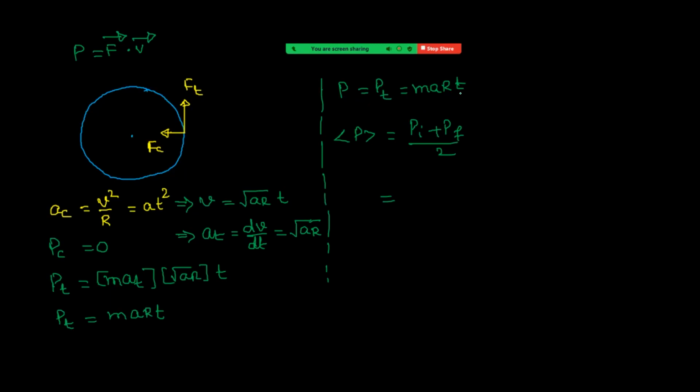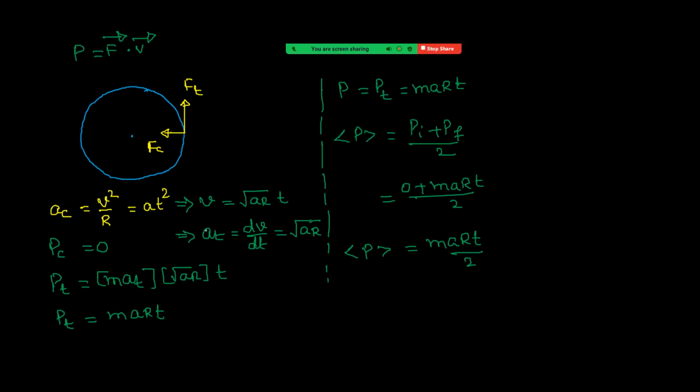Initial value at t equal to 0 is 0. Final value is m a r t. Divided by 2, that means average power is equal to m a r t by 2. Okay. So like this we can calculate.